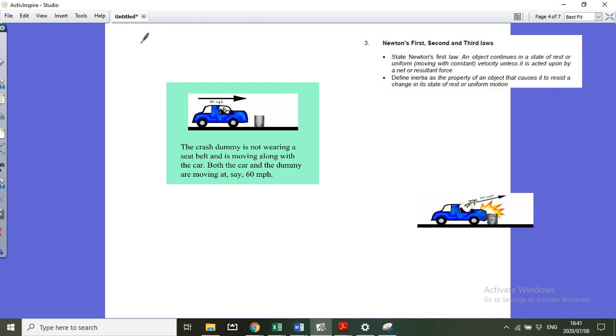So now what does that actually say? If there's no resultant force, they say unless acted on by a net force. So if F net is equal to 0, this law tells us that the acceleration will be 0 because the velocity is constant.